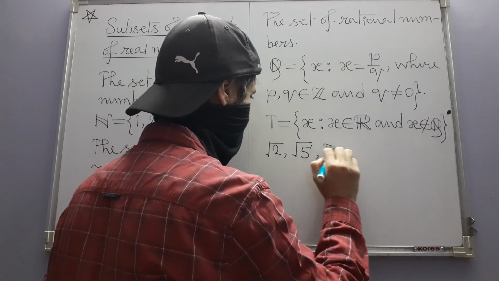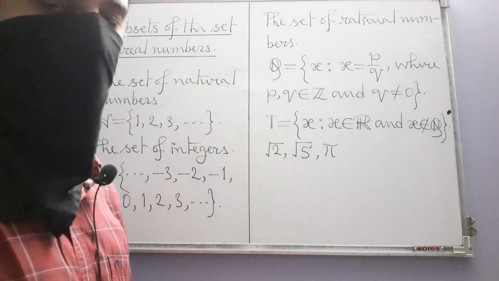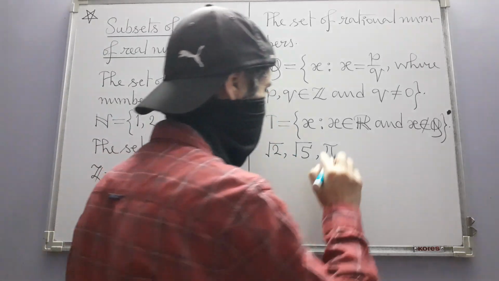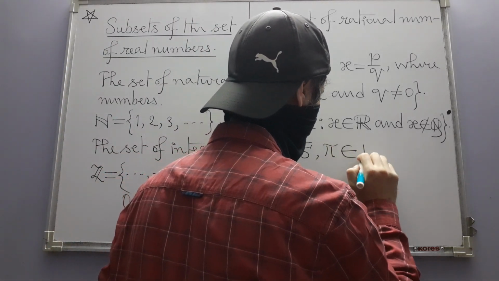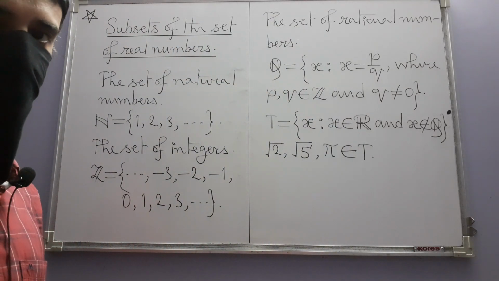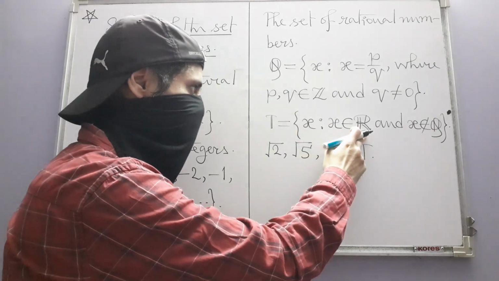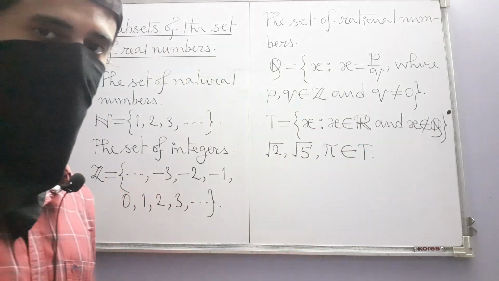These are irrational numbers. None of them can be expressed as a ratio of two integers. So they all belong to T, and none of them belongs to Q. In fact, T is precisely the set of those real numbers that are not in Q.